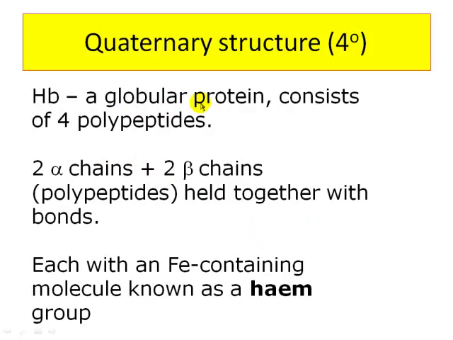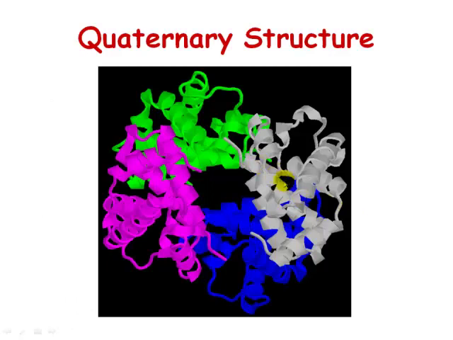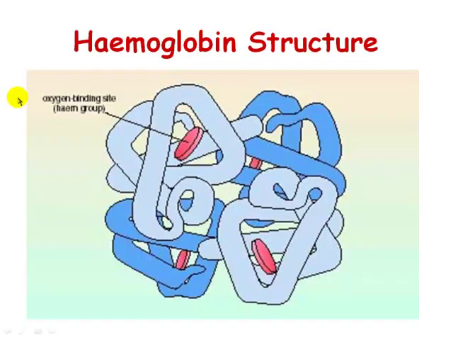Hemoglobin is a globular protein and consists of 4 polypeptide or long protein chains. It's got 2 alpha chains and 2 beta chains held together with bonds, and each, as you probably know about hemoglobin, contains iron, and these iron molecules are called heme groups. This is a rather beautiful picture here, a model of a quaternary structure, and the last one we've got is the hemoglobin structure.